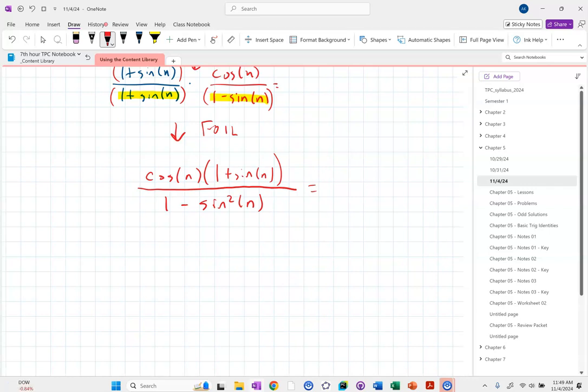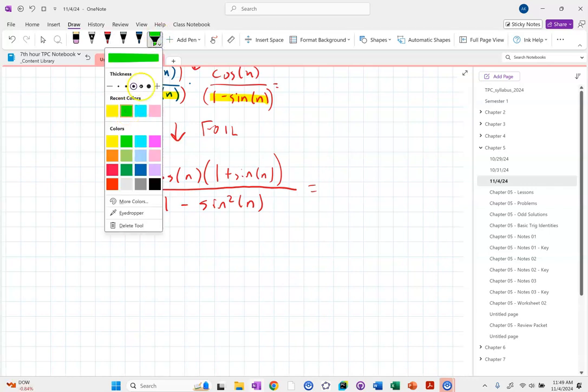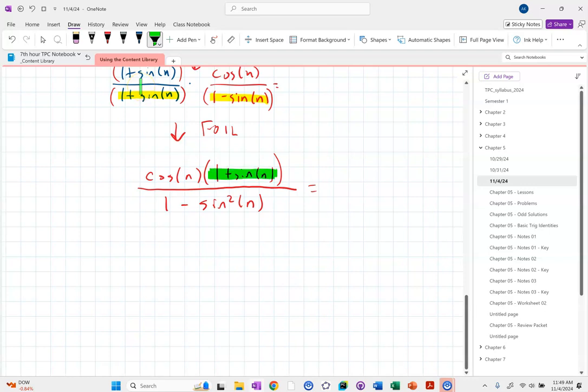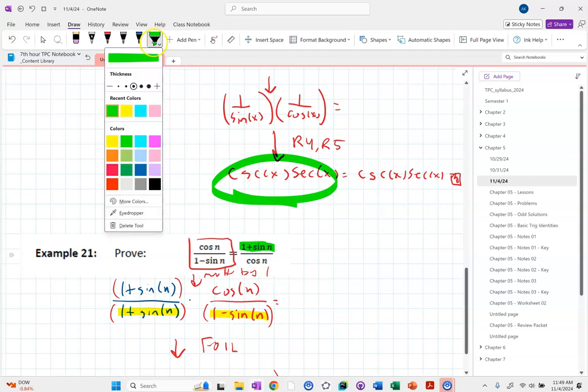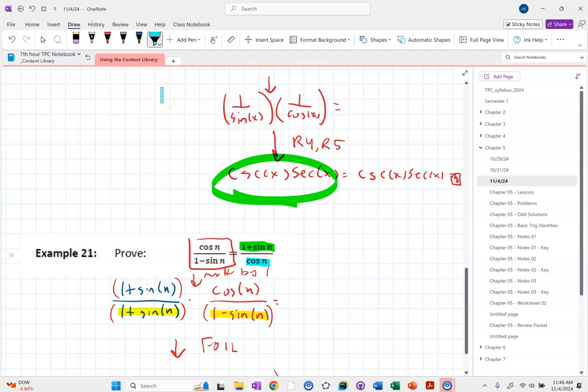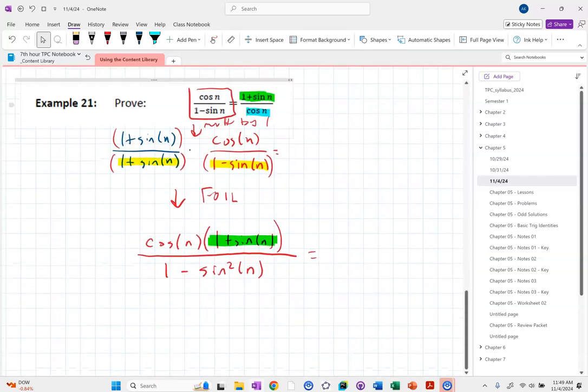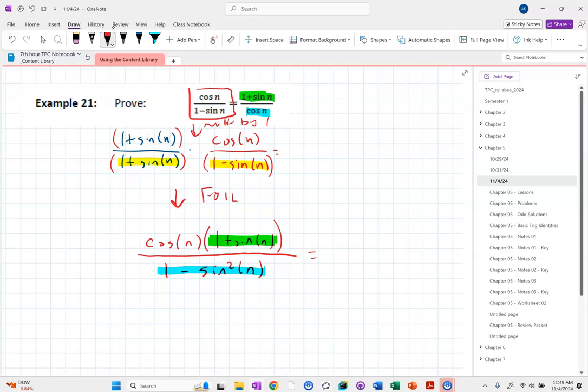Okay, so if I look now, I have the 1 plus sine squared that I'm supposed to have at the finish line, but somehow this cosine has to come out of 1 minus sine squared, right? Is there a way I can turn 1 minus sine squared into cosines?